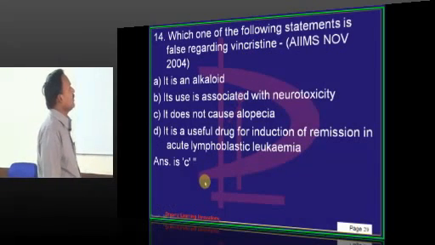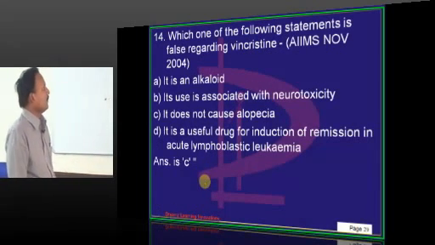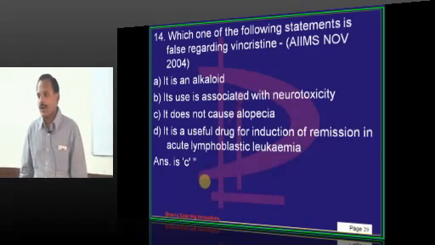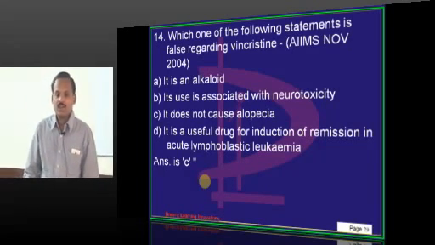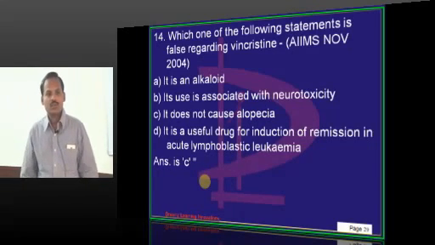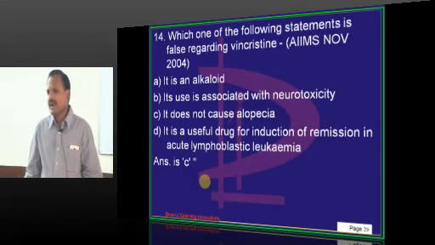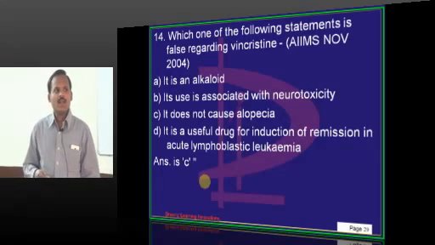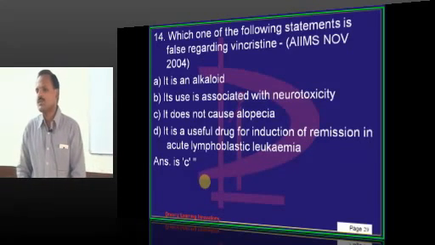Which of the following statements is false regarding vincristine? Vincristine is an alkaloid. At the beginning I said, vincristine is a vinca alkaloid. Vincristine, vinblastine. Did you ever see the vinca plant? It is seen mostly growing wildly, unintentionally, wherever you have some wild plants, shrubs growing.